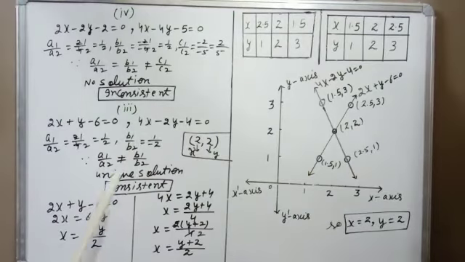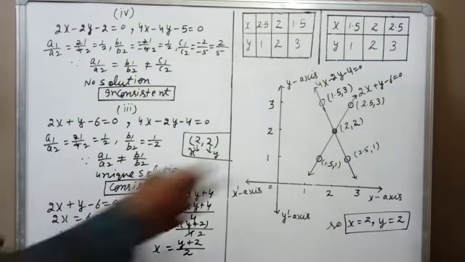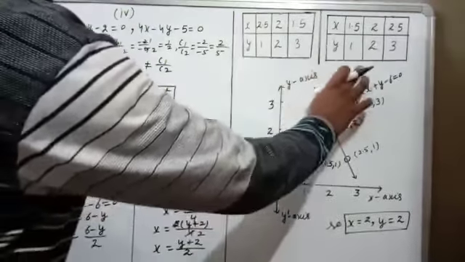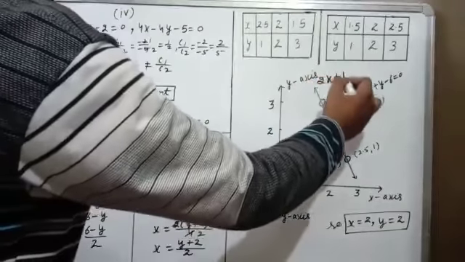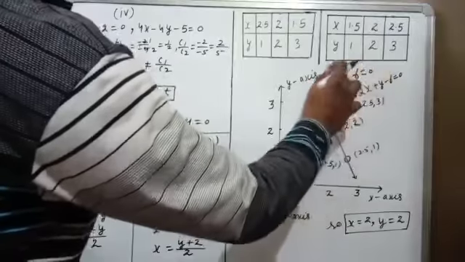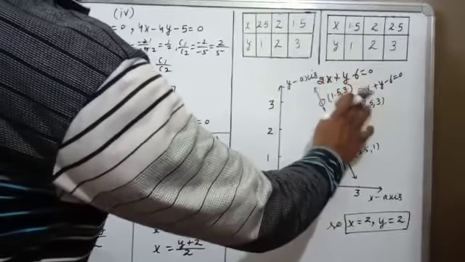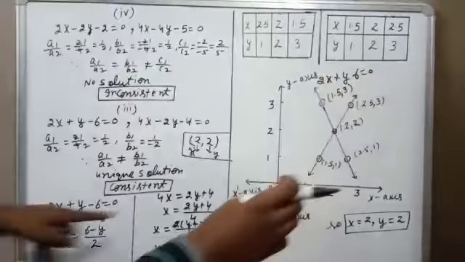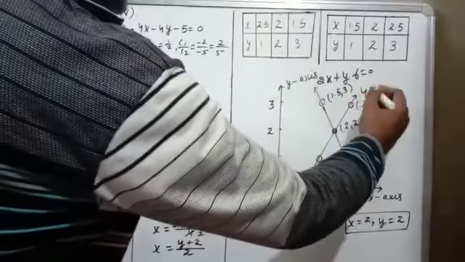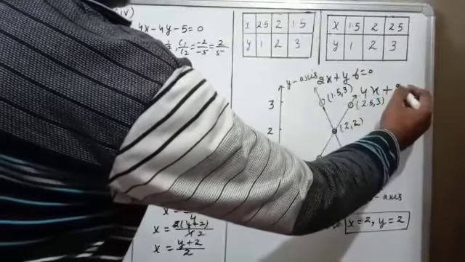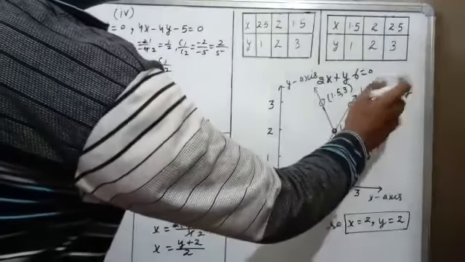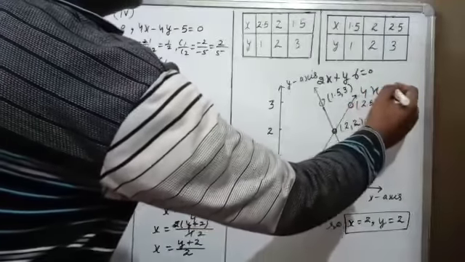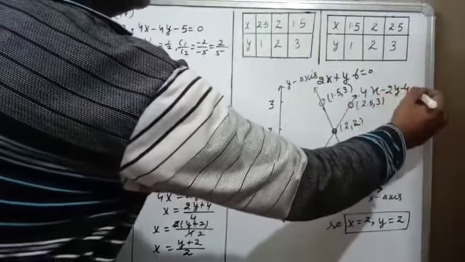And this line will represent 2x plus y minus 6 equal to 0. And this line will represent 4x minus 2y minus 4 equal to 0.